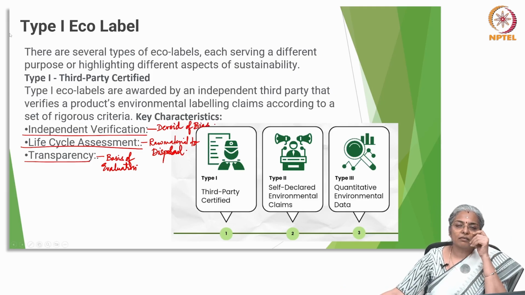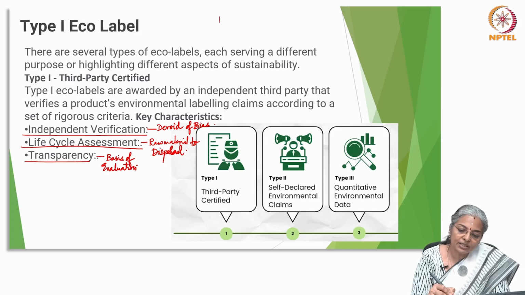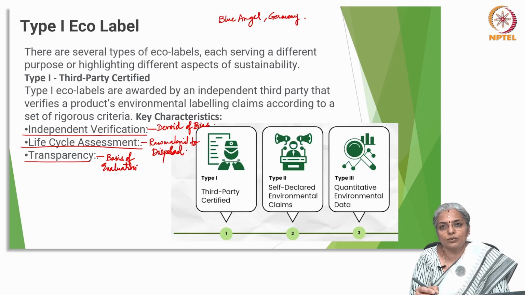So, there is a company in Germany, Blue Angel in Germany, which covers a wide range of products and services, and this is recognized very well internationally for its rigorous environmental standards. So, one example is the Blue Angel, that's in Germany, and there is also another one which is the Nordic Swan.